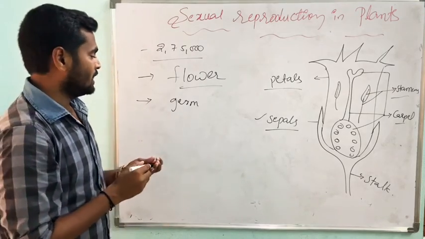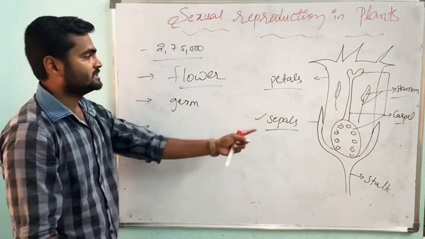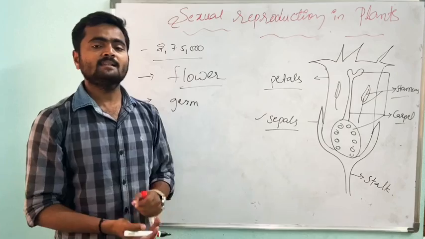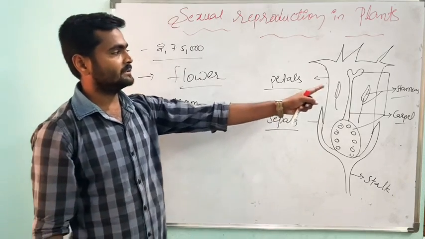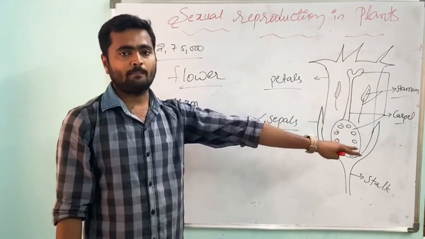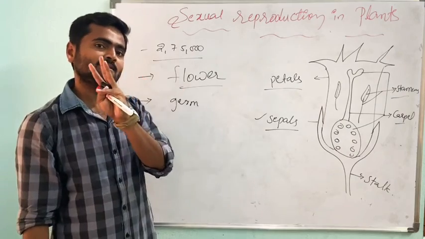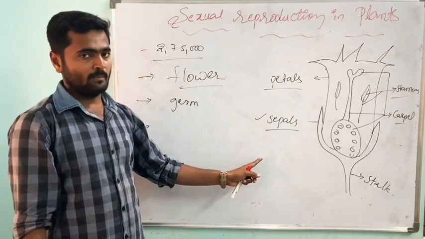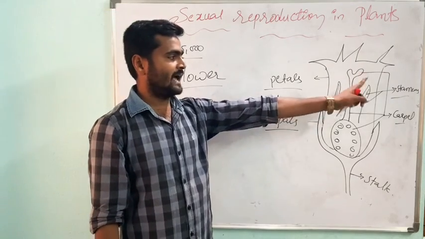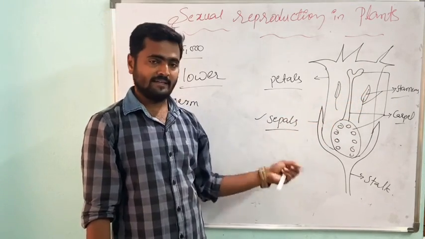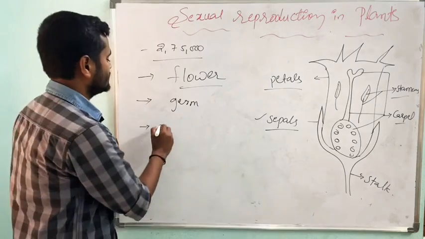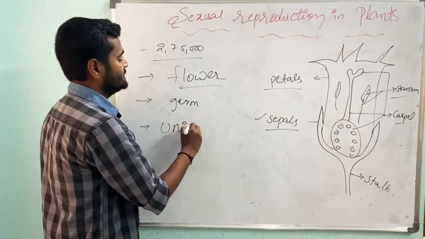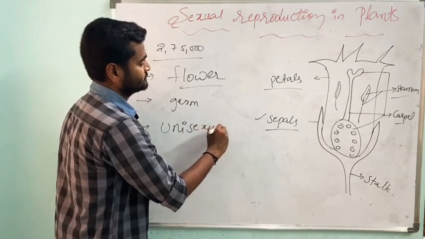So these are the four important parts. In some flowers, they contain either stamens or carpel, meaning they have only three parts. Petals and sepals are common, but they have either stamens or carpels in the center. Those kinds of flowers are called unisexual flowers.